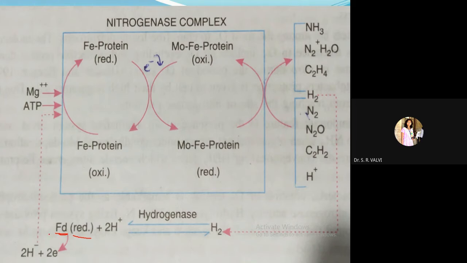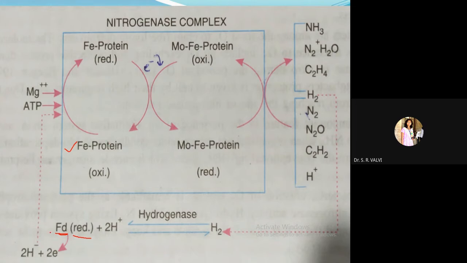So these electrons are given by ferredoxin to whom? To this Fe protein, right? Fe stands for ferro. In the earlier lecture we saw the nitrogenase complex is made up of a smaller unit, the Fe protein, and the molybdoferroprotein. The Fe protein is the smaller unit and the MoFe protein is the larger unit.